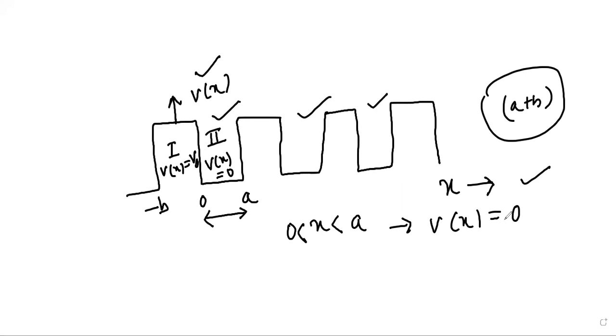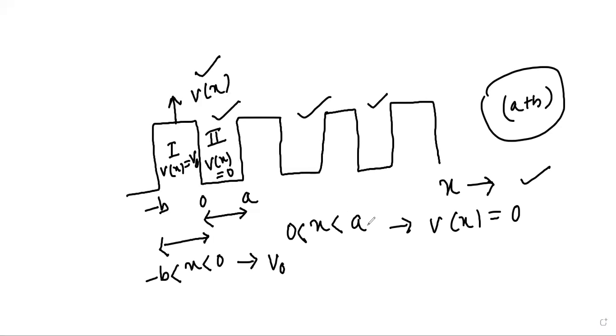Whereas outside a well, for example from minus b to 0, where x is less than 0 and greater than minus b, the potential is assumed to be a constant value V0. So let us write for these two regions: region 1 where V of x is V0, and region 2 where the potential energy is 0.